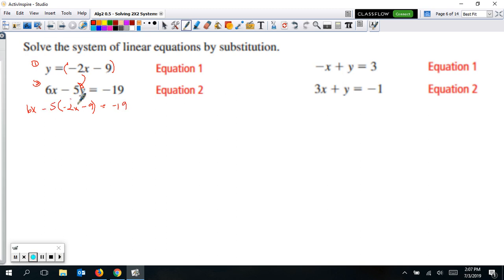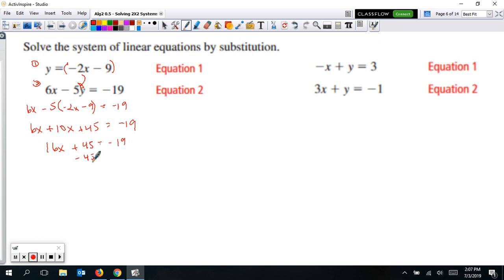So we're going to have a distributive property. So we'll see 6x still there. Negative 5 times negative 2 is positive 10x. And then negative 5 times negative 9 is positive 45. And it equals negative 19. And we have to combine like terms with our x's. That's a 16x plus 45 equals negative 19.